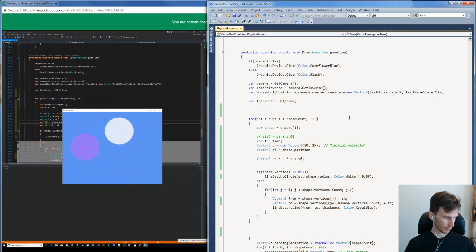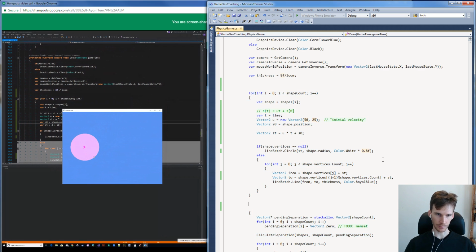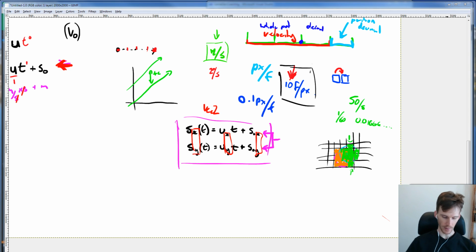Yeah. So what we do in this particular case, if we wanted to get rid of the shimmering, the easiest way to do that would be to add some anti-aliasing. So rather than having a hard boundary around this shape, we'd have some intermediate values.